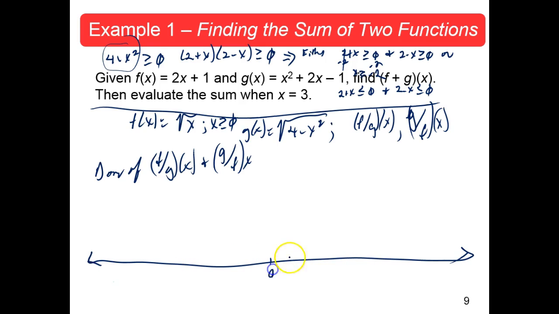This is our number line for x. So this says x is greater than or equal to negative 2. There's negative 2. Since the equal sign's there, I can count it, and this will do everything to the right of it, right?